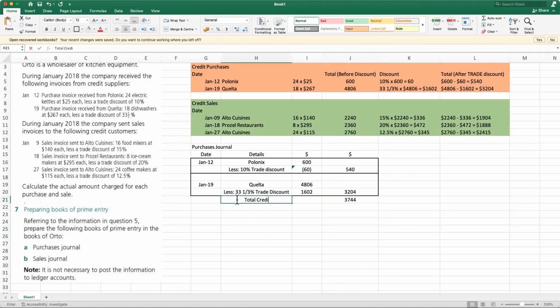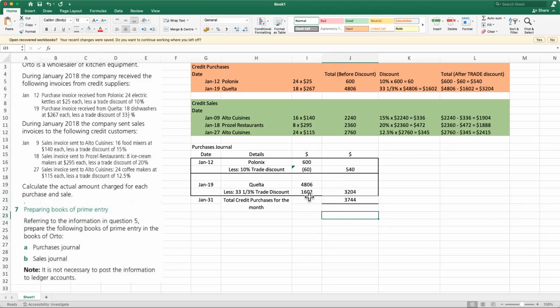Total credit purchases for the month. So now I'll link this together. And the date that you need to put here will be the last day of January, which is January 31st. So this one you can have a double line. So you can show that this plus this is equal to this. So this is a calculation here. So this is your total credit purchases for the month.